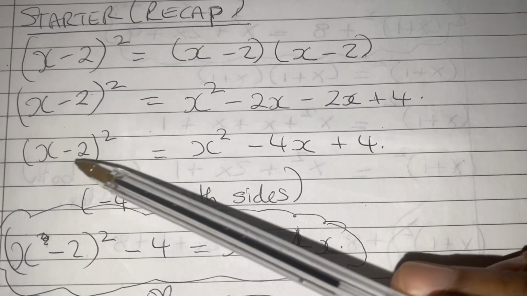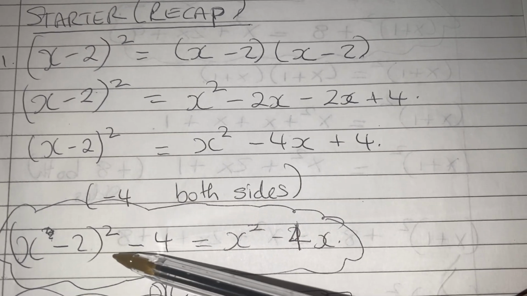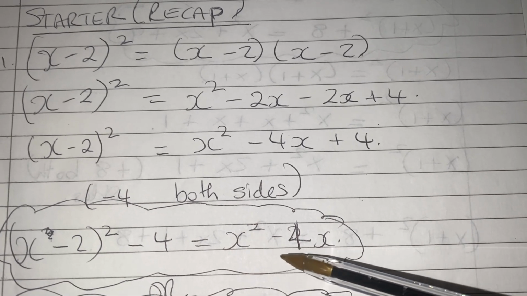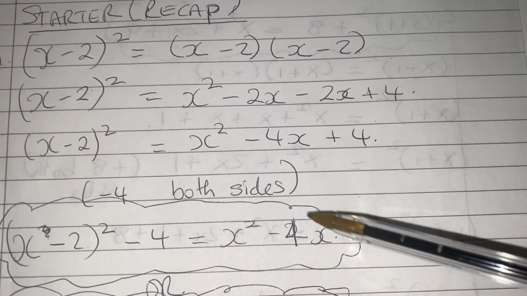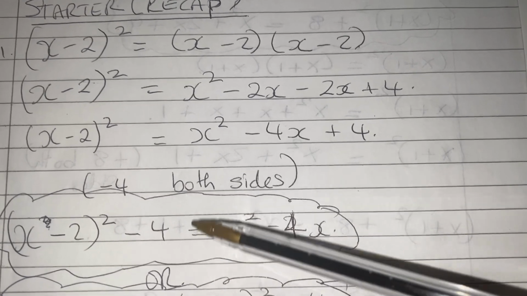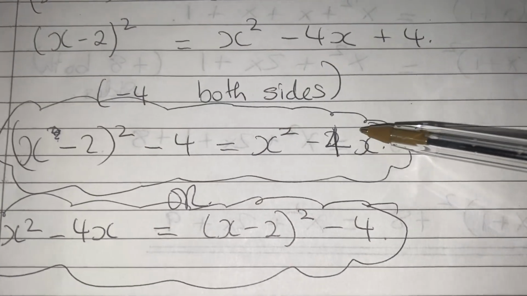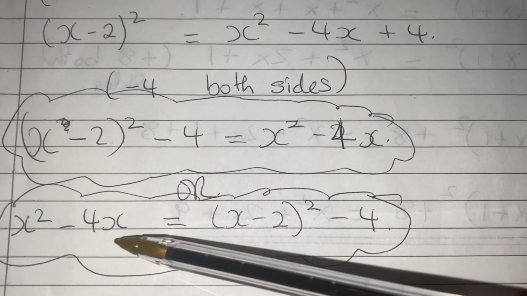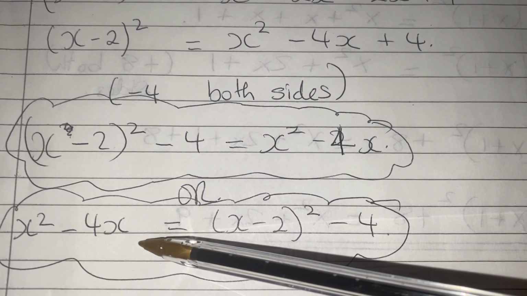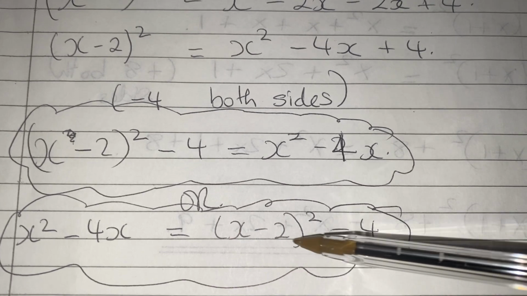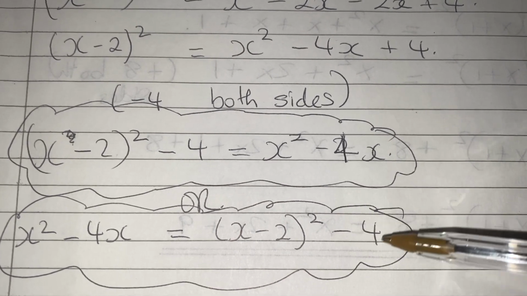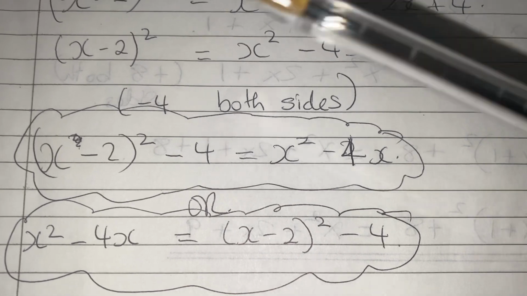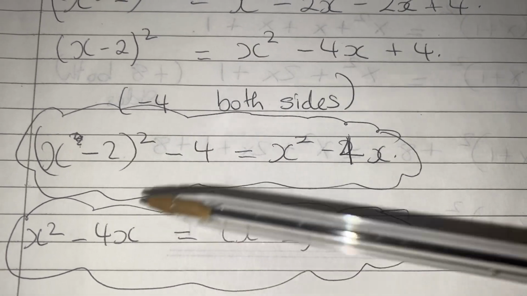So we get x minus 2 all squared minus 4 is x squared minus 4x. So we've completed the square. If you flip it the other way around, x squared minus 4x equals x minus 2 all squared minus 4.